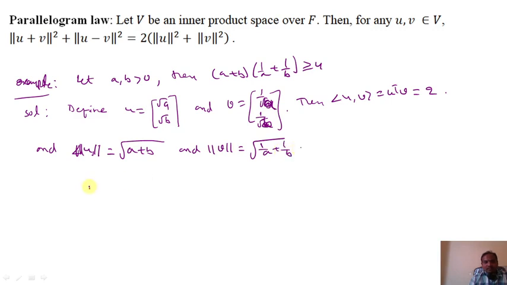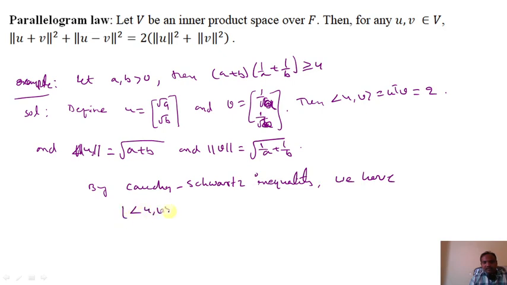By Cauchy-Schwarz inequality, we have mod of u comma v less than or equal to norm u into norm v.